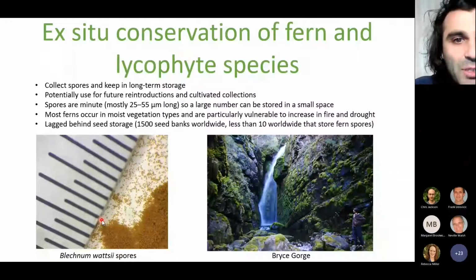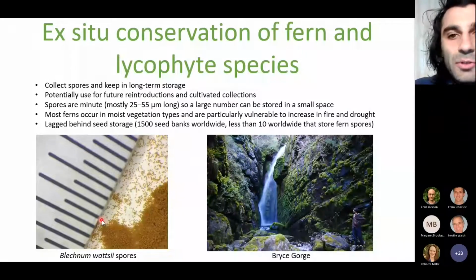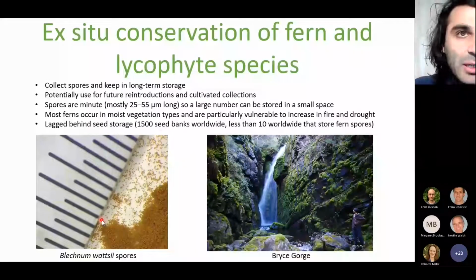So that has a big implication on how effective a spore bank can be for ex situ conservation. If a large number of spores can be stored in such a small space, it means that we can have a quite good representation of the total genetic diversity of a species all contained within storage. So in one collection of one population, we can collect from multiple plants and have thousands, if not millions of spores stored all within a small volume.